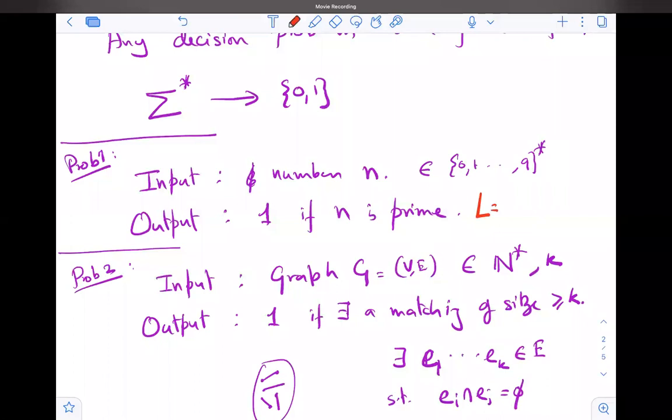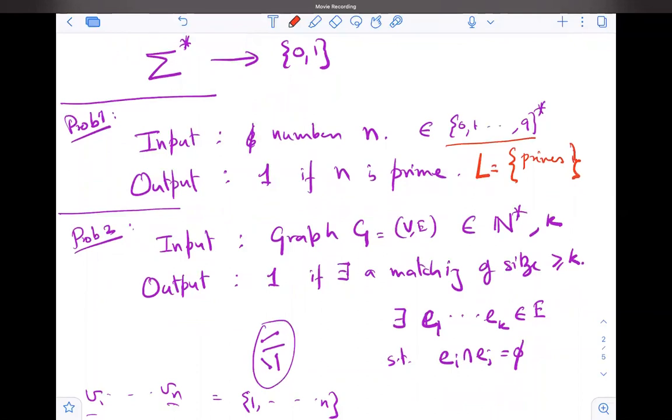The language is the set of all words, all strings, all inputs which evaluate to 1. So the language is nothing but the set of all primes, right? Yes, sir. So what we are trying to answer is, you are given an instance X and I'm asking, is X in L?